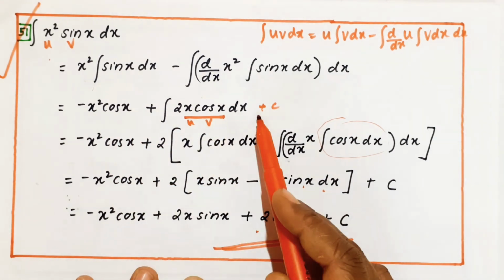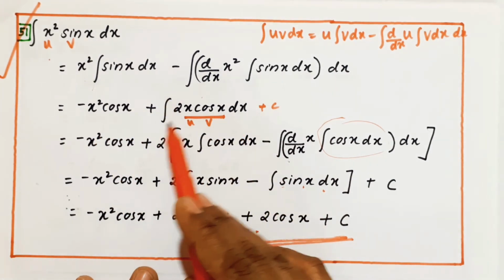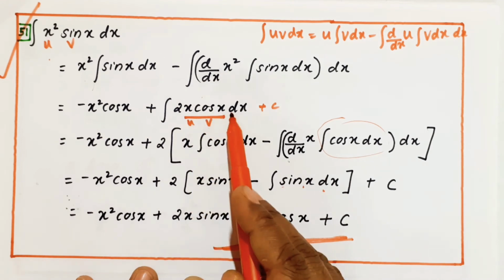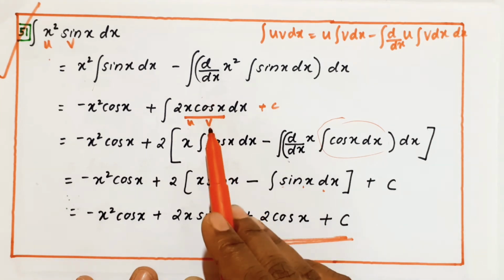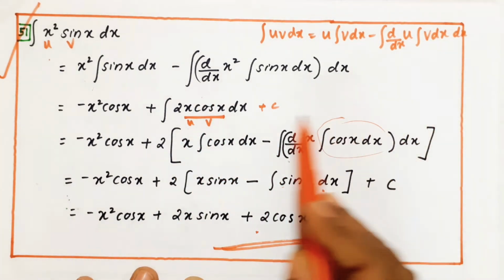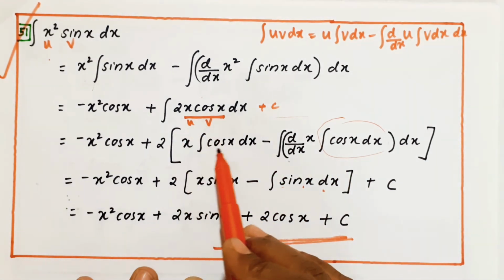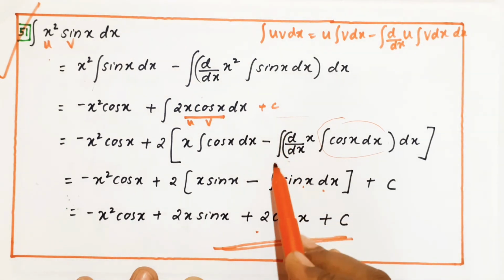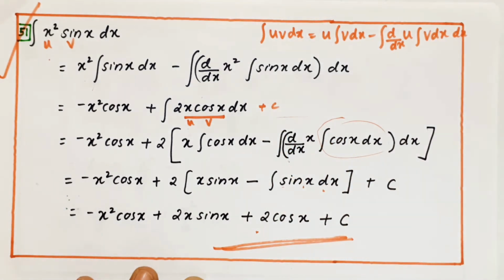So we get this. But in your answer, again this is in the form of integral of x cos x. Again integration by parts. So it means we are taking x as u and cos x as v again. So here in this bracket again we did integration by parts, that is u into integral of cos x dx minus integral of d by dx of x into integral of cos x dx of dx.